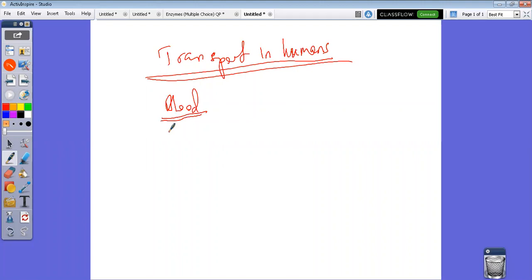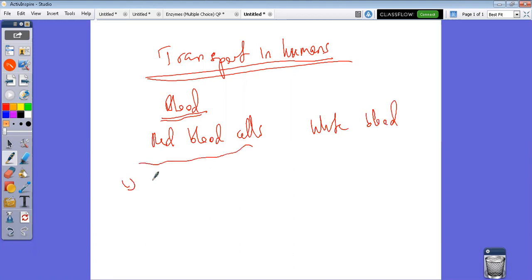The blood. We have got 2 types of blood cells. What are they? Red blood cells and white blood cells. The red blood cells are responsible for transportation of what? What's their main function?